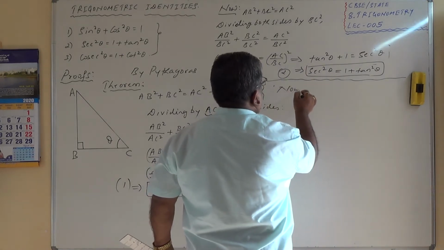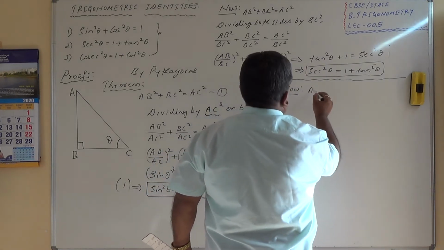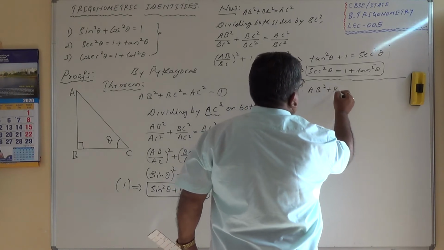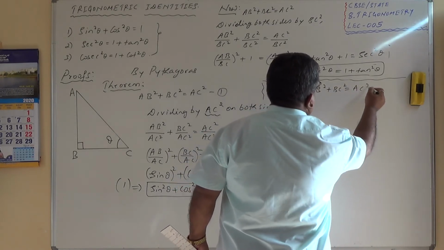Now, once again, AB square plus BC square equals AC square.